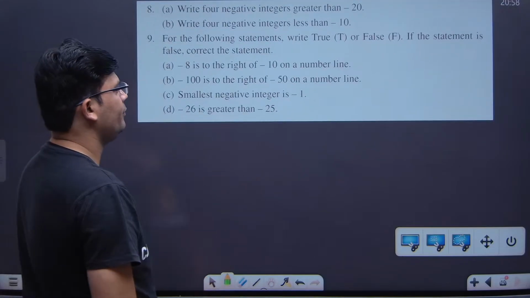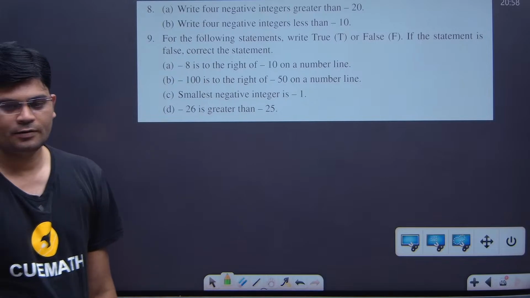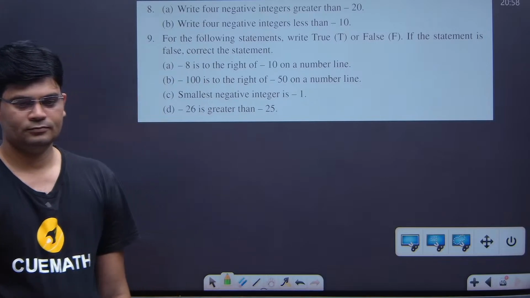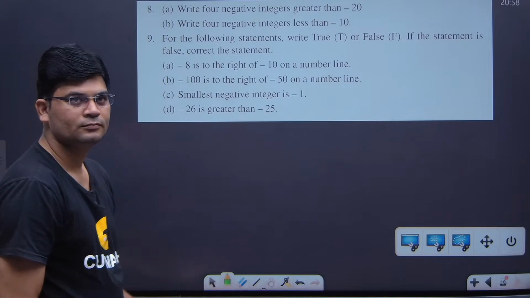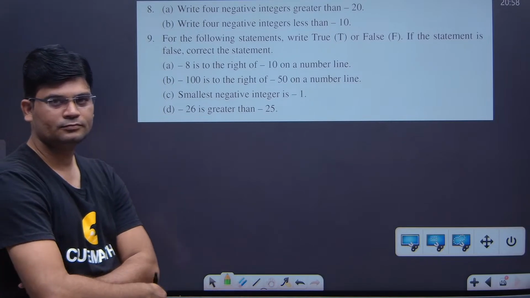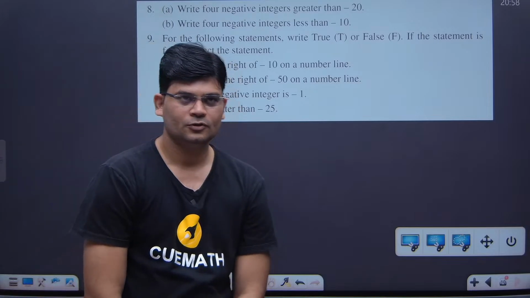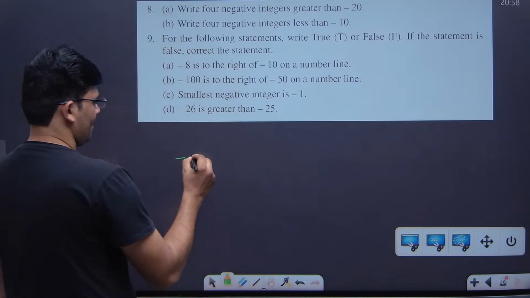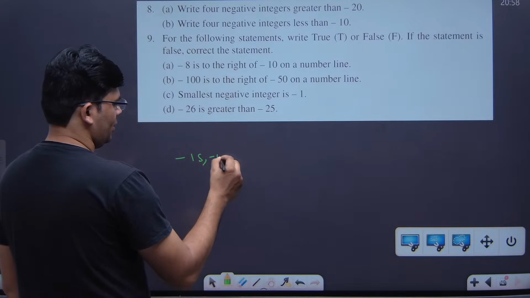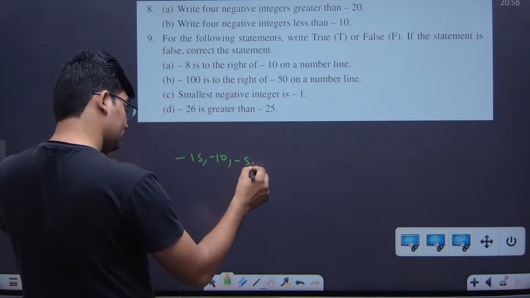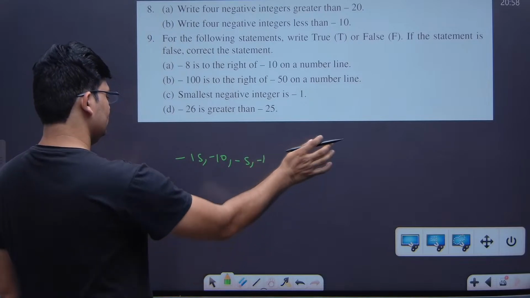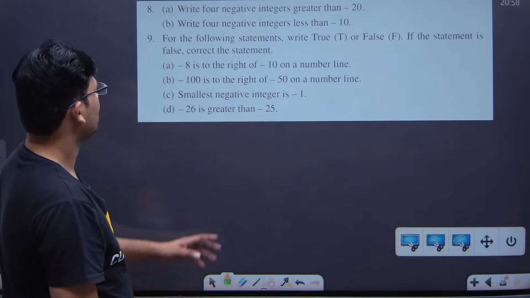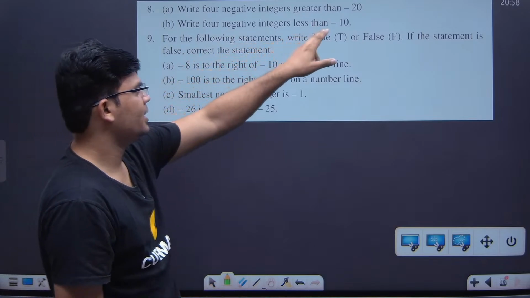Write 4 negative integers greater than -20. -15, -10, -5, -1. Okay. Good.